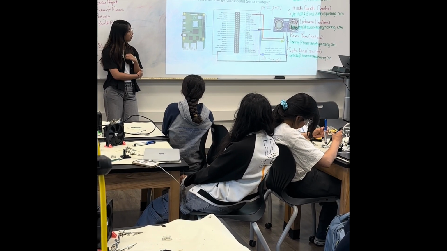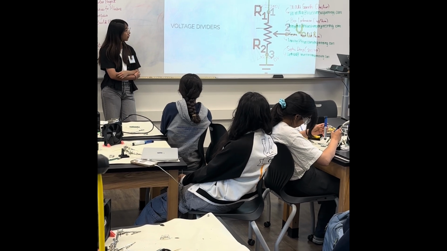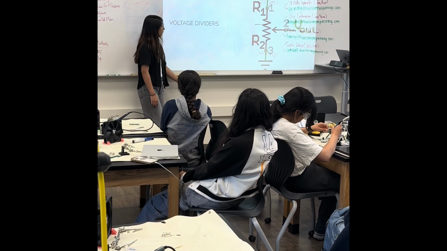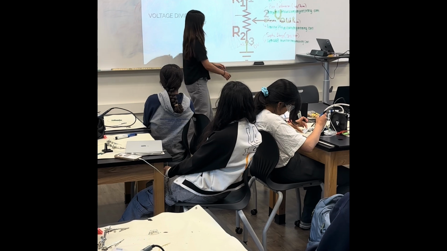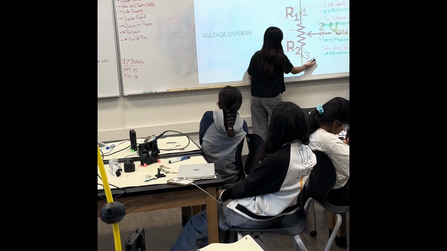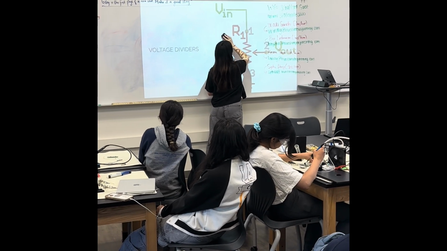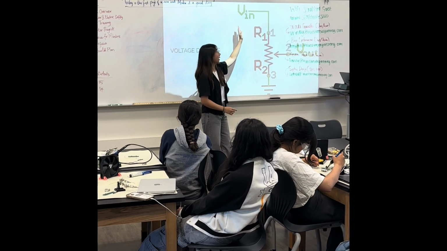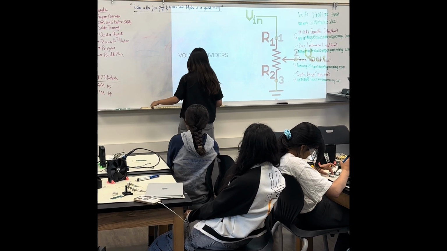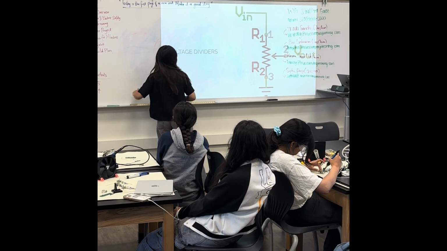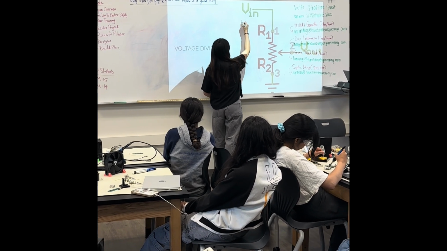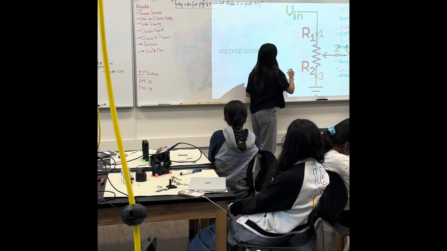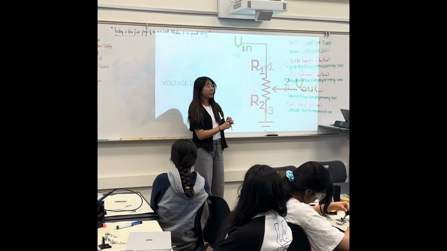Okay, so how would you decrease this voltage? We use something called a voltage divider. For this voltage divider, coming in is going to be what the sensor is sending. In our case, that's going to be 5 volts, because our sensor uses a 5 volt logic level.